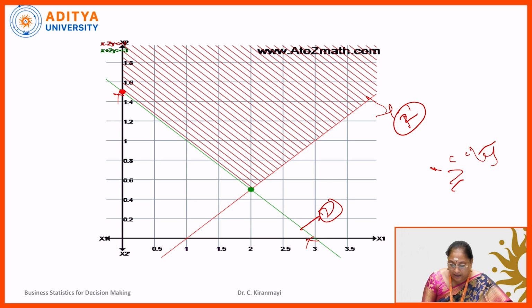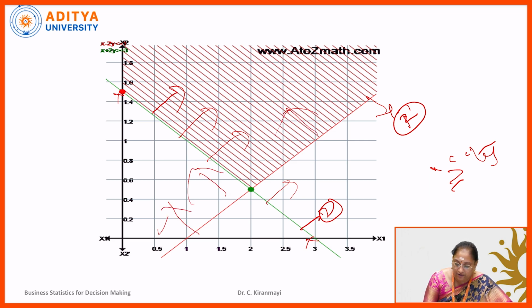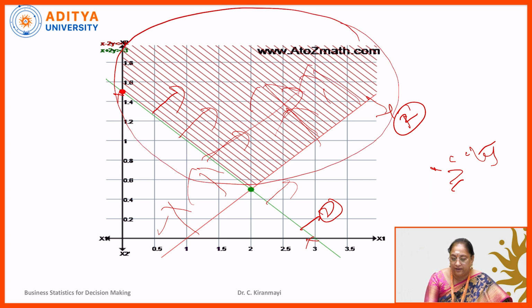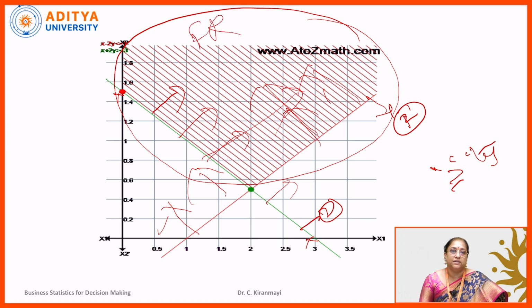For this inequality we consider this region, and for the other inequality this region. Therefore, this shaded region is the feasible region, FR.